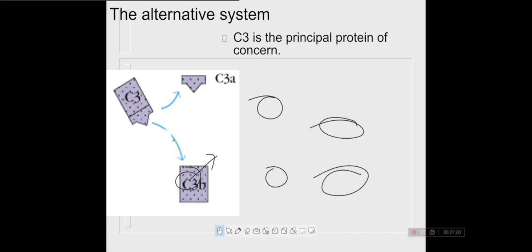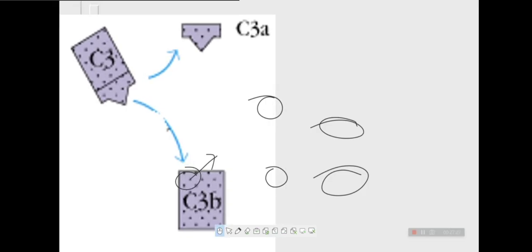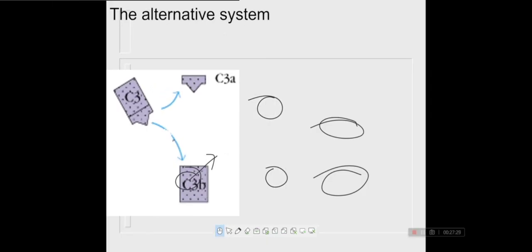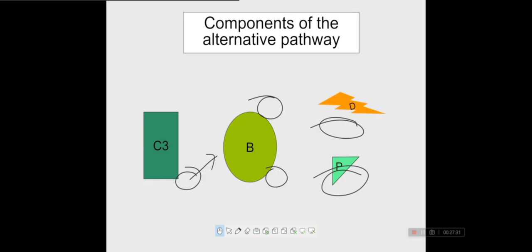So that is the mannose binding pathway. Mannose binding lectin, C4, C2, C3 are the components of the mannose binding pathway.